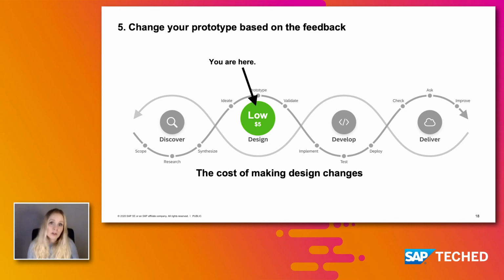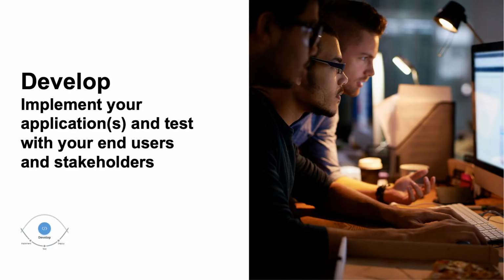If now, based on the user feedback, you find out that you have to make changes to your application, you only spent a fraction of the money that such a change will cost later in the process. So in this case, let's say it's $5 to have a number to work with. We have a first validated design. Now we can implement the application in the develop phase and test it with your end users and stakeholders.